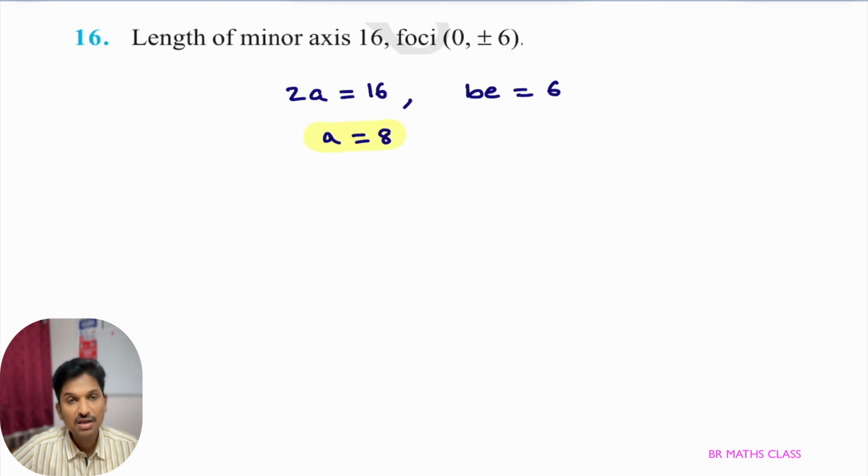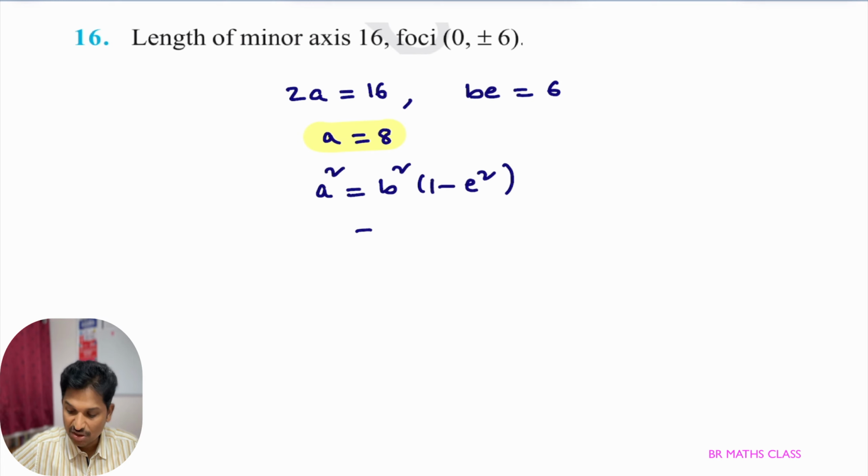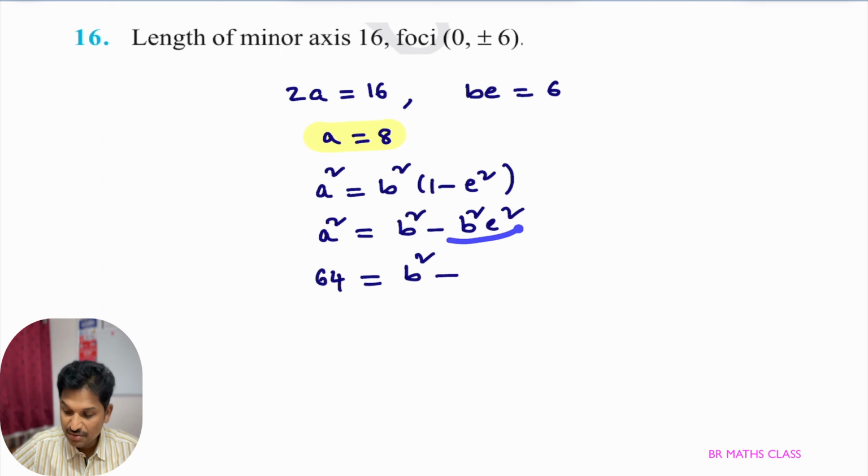Now we got A value. By seeing foci, we can say that this is second type of ellipse. In second type of ellipse, what is the formula? The formula is a square equal to b square into 1 minus e square. Multiply, b square minus b square e square. As a is 8, a square is 64, equal to b square (we need to calculate) minus b square e square.